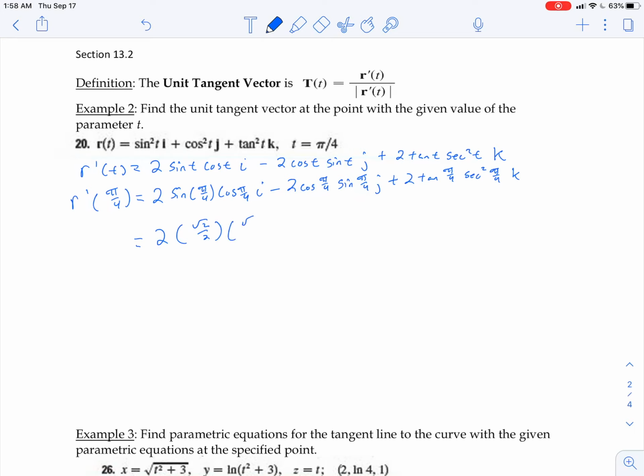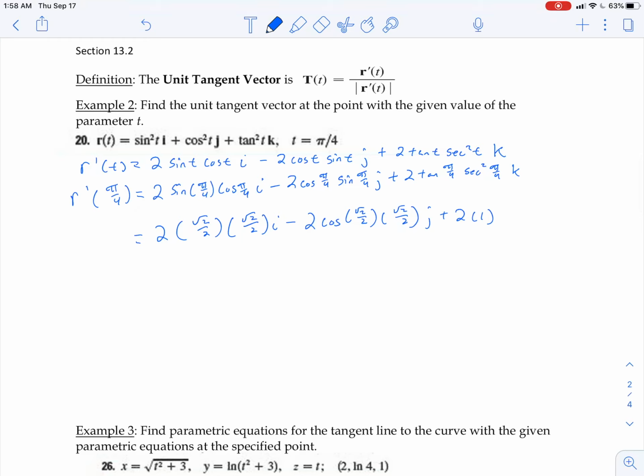Sine of pi over 4 is square root of 2 over 2, and cosine of pi over 4 is also square root of 2 over 2. Tangent of pi over 4 is 1.